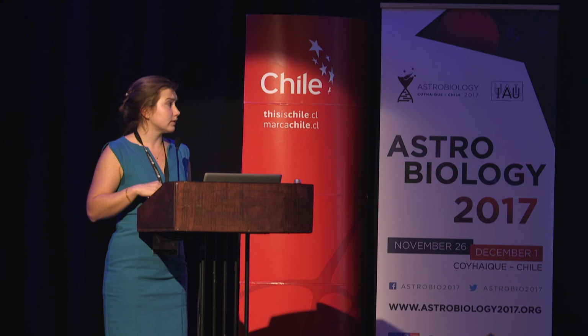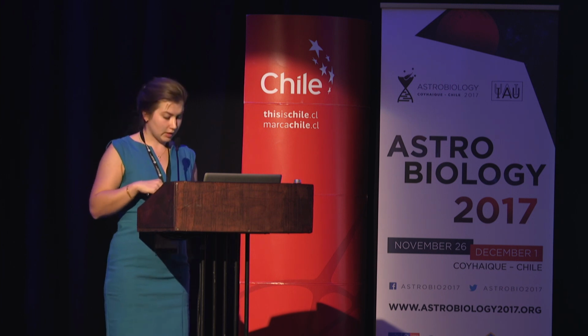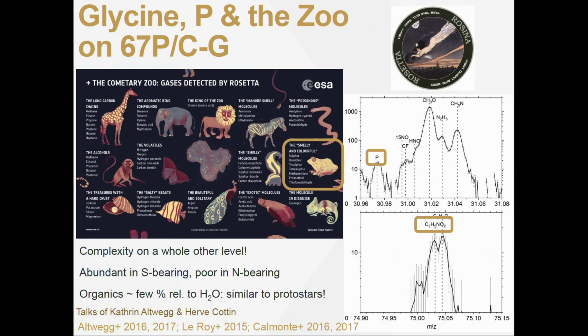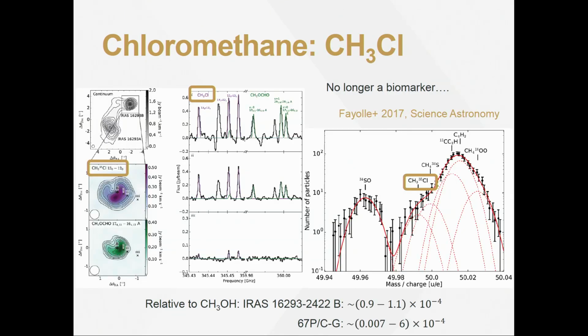But stay tuned for some more quantitative comparison in the next few months. CH3Cl has also been compared between the two sources and has already been mentioned by Pierre. So the main takeaway is that there seems to be indeed overlap between the comet and IRAS 16293B, that the ratios relative to methanol are on the same order of magnitude.